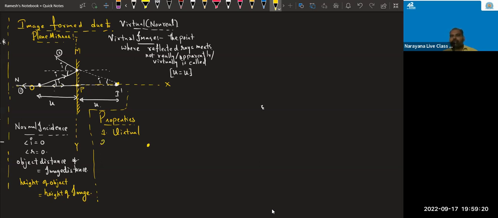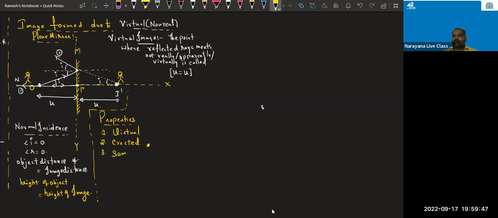And all virtual images are erect only, no? Erect means if you are standing like this in front of the mirror, the image is also standing like this, no? Correct or not? So all virtual images are which images? Erect images only. Erect means what? Upright, not inverted. And the third point: no magnification, no?